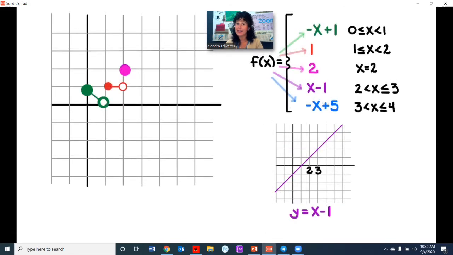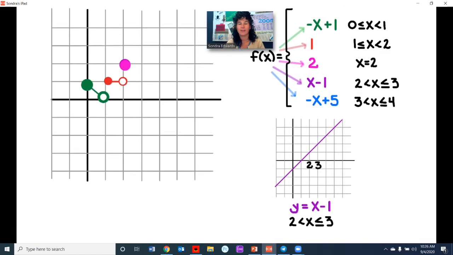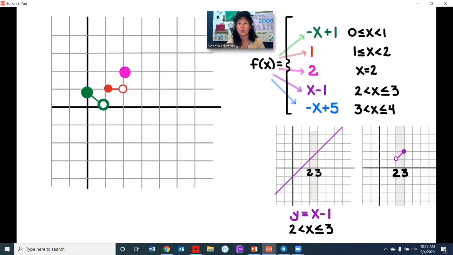I've graphed y equals x minus 1 here. I only want to keep from 2 to 3. So I'm going to put in a rectangle that illustrates what piece that I want to keep. So here's the piece we're going to keep, and we want to transfer that over to our main graph.